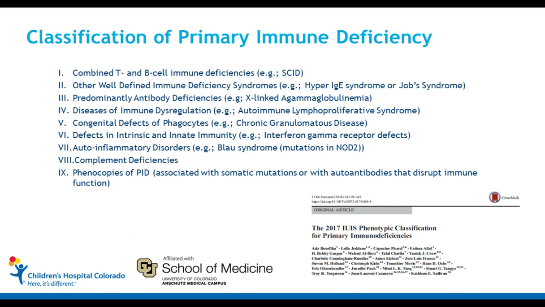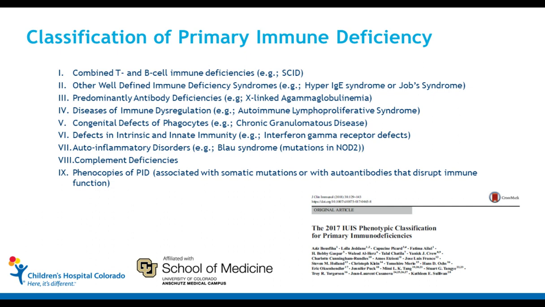The sixth category, defects in intrinsic and innate immunity. The seventh, autoinflammatory disorders. The eighth has complement pathway deficiencies. And the ninth is phenocopies of primary immunodeficiency.